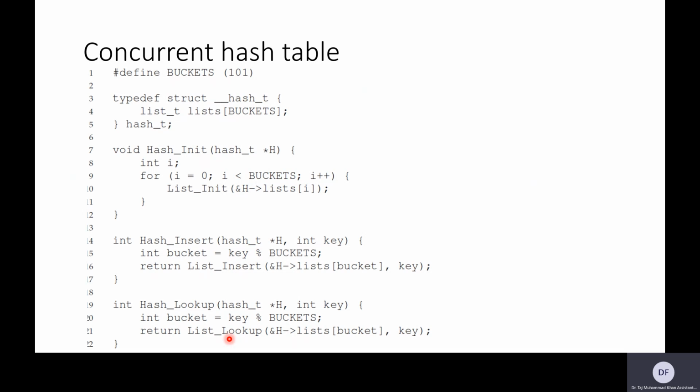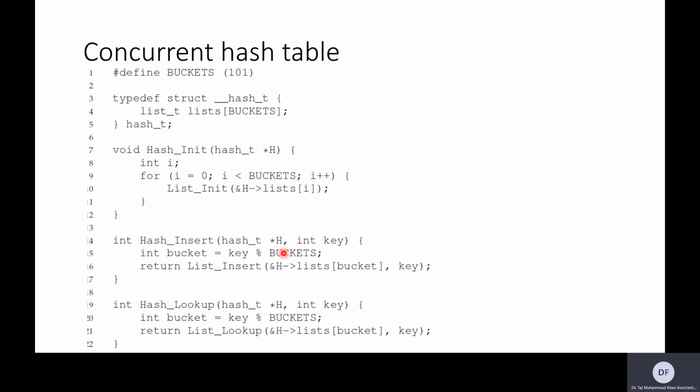So the advantage here is that hash table is an array of lists. Multiple threads can access this hash table simultaneously, concurrently, and if within the hash table they are accessing a different bucket, then all these threads will be able to perform their operation simultaneously. So if all the threads are accessing a different bucket, then all these threads would be able to run in parallel.